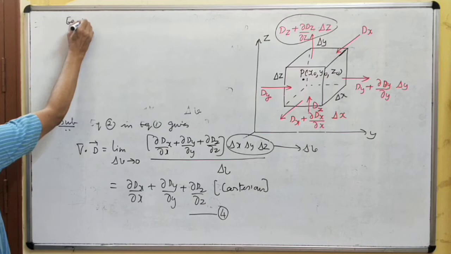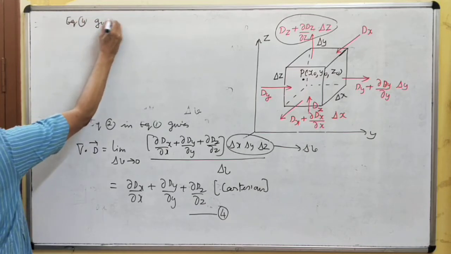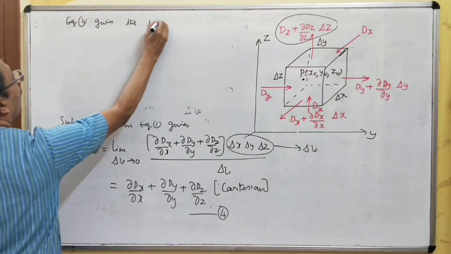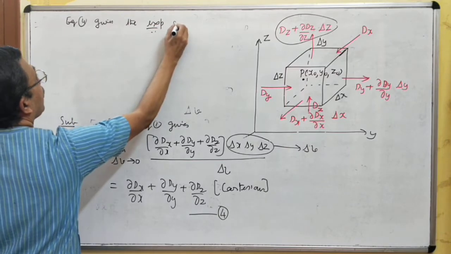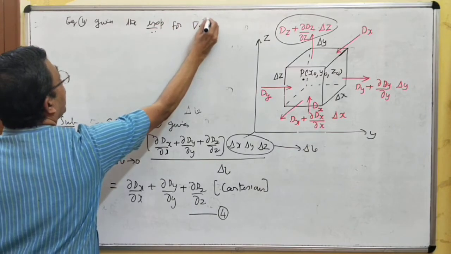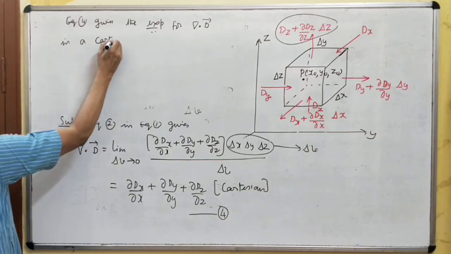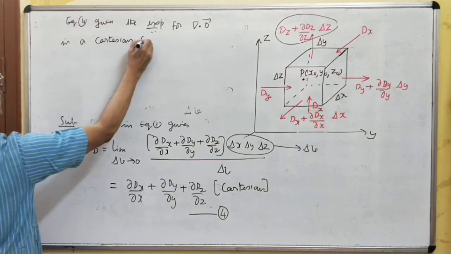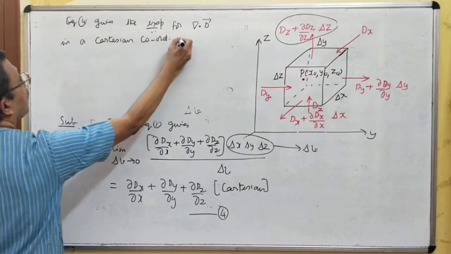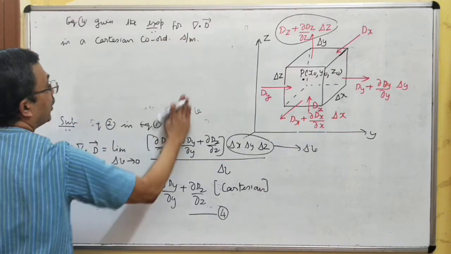Equation 4 gives the expression for divergence of vector D in a Cartesian coordinate system.